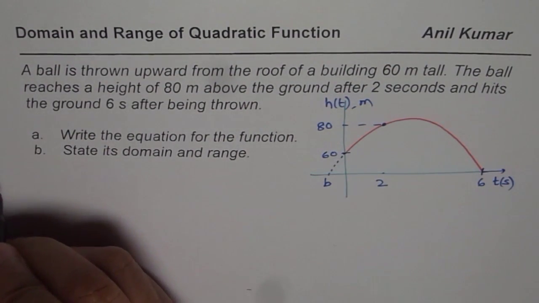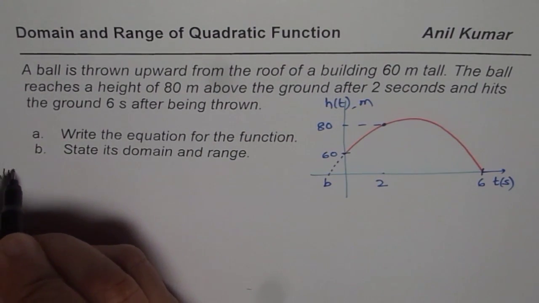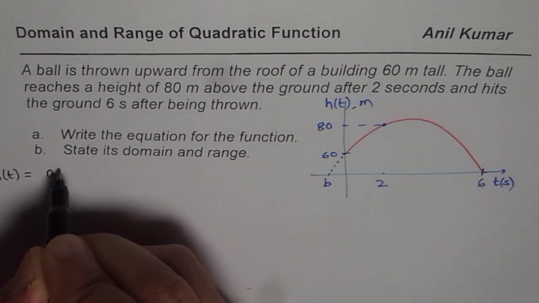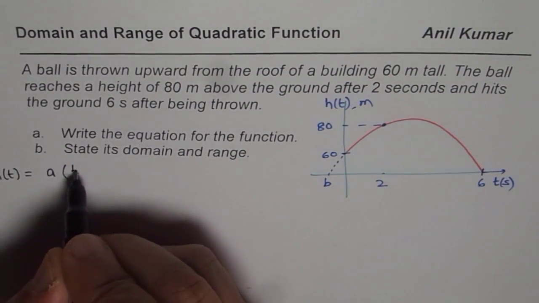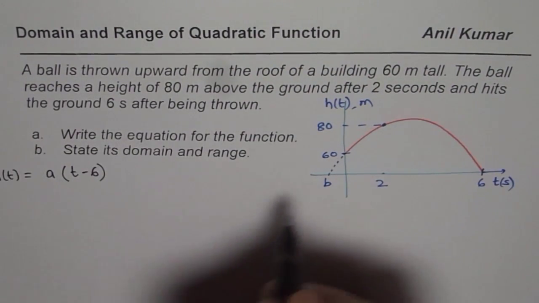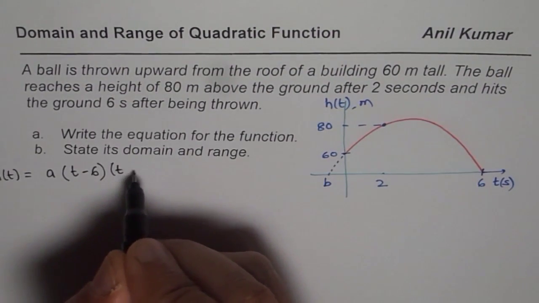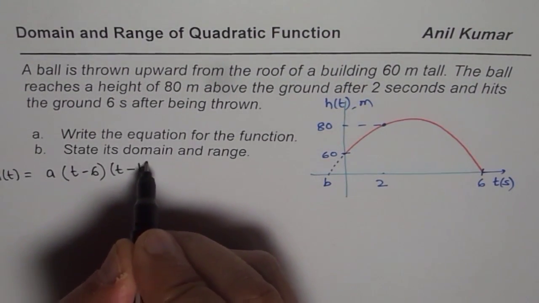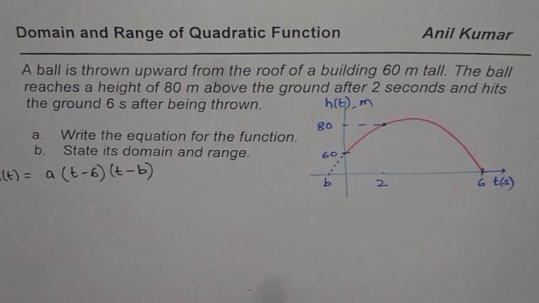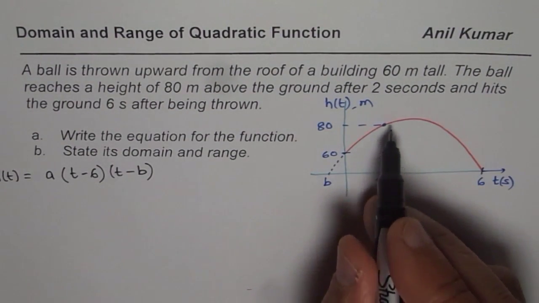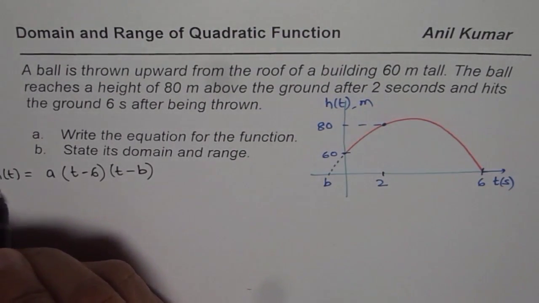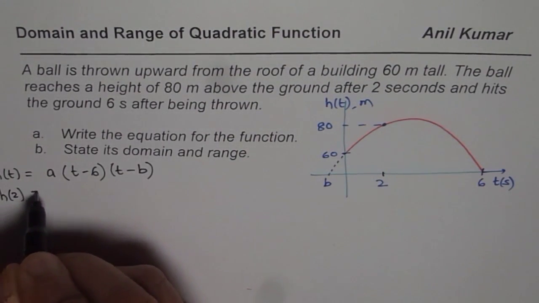So for us, the height h of t for this particular function could be written as a times, we know for sure that it hits the ground after 6 seconds, so t minus 6. The other factor we don't know, so we'll just say t minus b, correct? Since we know these 2 points, that is when t is 2, height is 80, so h of 2 is 80.